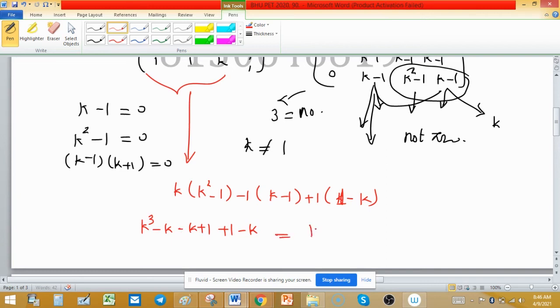This means that k cube minus 3k plus 2, the determinant of this one, should not equal 0, because determinant 0 means lower rank matrix.